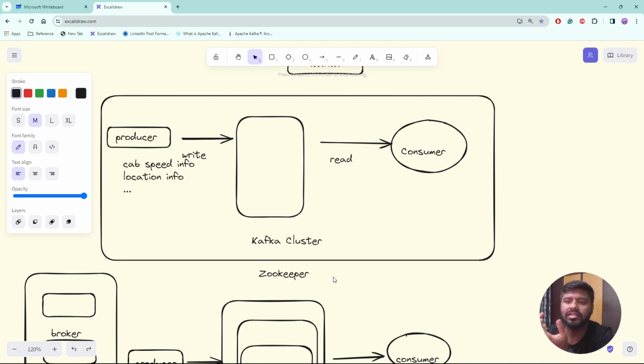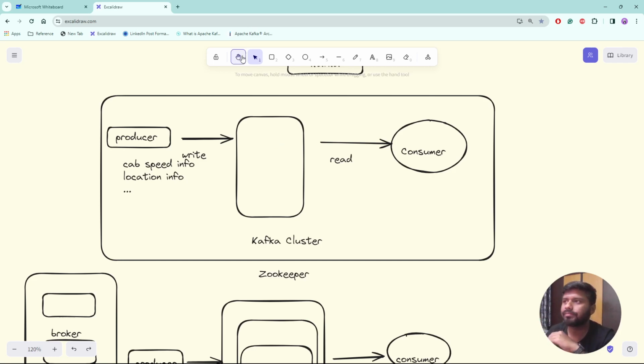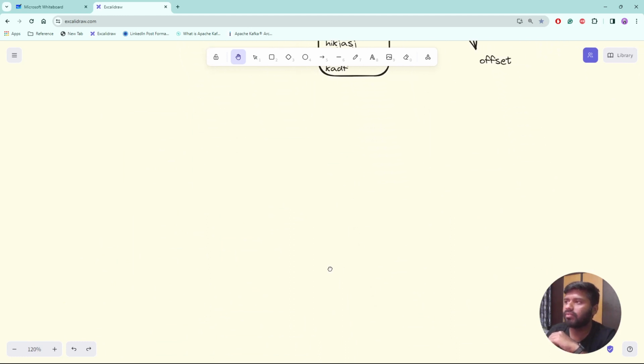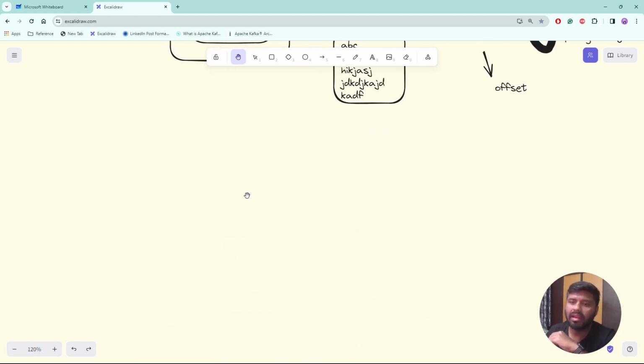It's kind of a Kafka manager. It manages the Kafka cluster itself and whatever components we learned about, like your broker, your topic, your partitions, all of that is managed by Zookeeper.